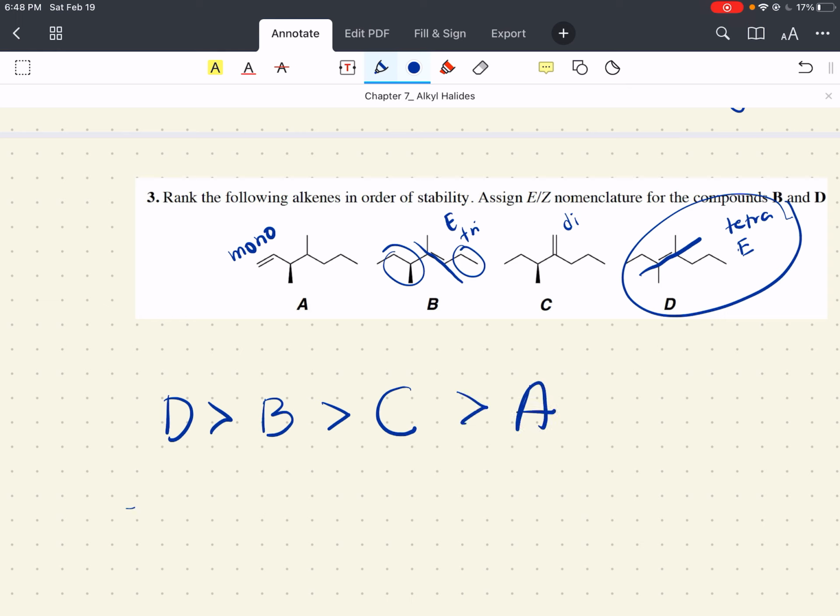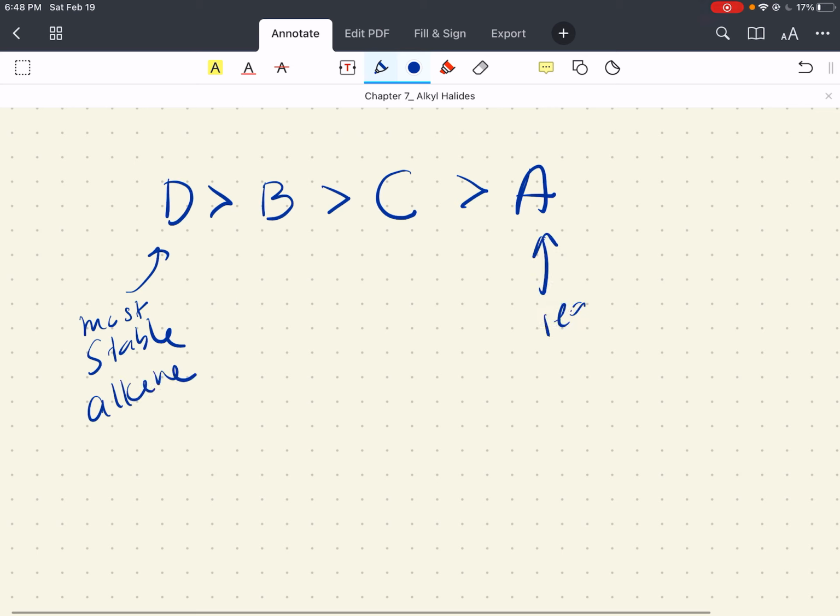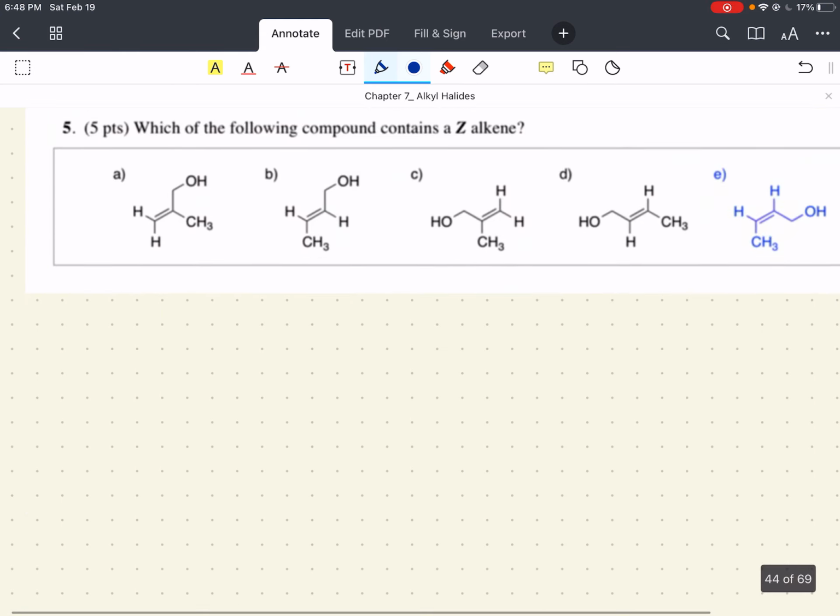So our most stable alkene is our trans tetra substituted alkene, and then the least stable alkene is the mono substituted one. Fantastic. Let's just keep going. We're making good progress here.